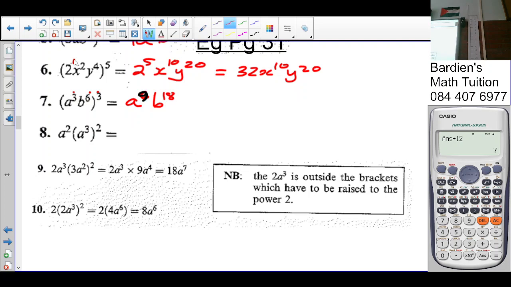The next one, we must apply the brackets first. So it's going to be a squared times a to the 2 times 3, 6. So a squared times a to the 6. Let's take this out.